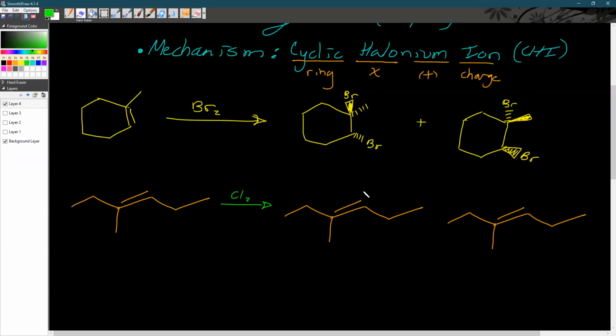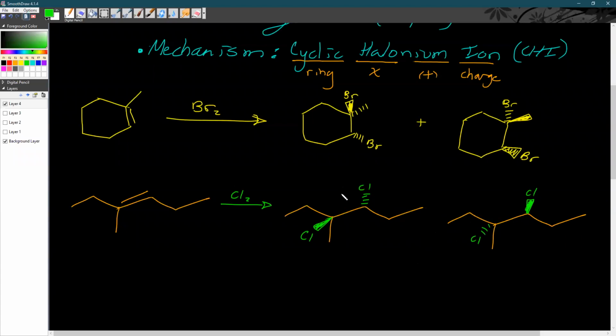All right, so we degrade the carbon-carbon double bond into a single bond, and we are going to be getting Cl, maybe this one is on the dash, maybe this one is on the wedge, maybe now it's on the dash, and this one's on the wedge. All right, two products, two stereoisomers.